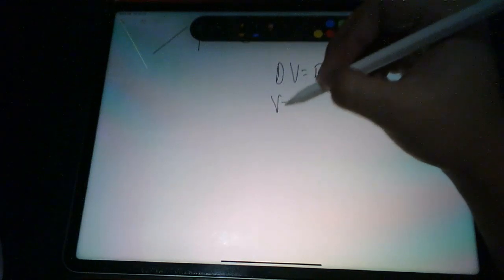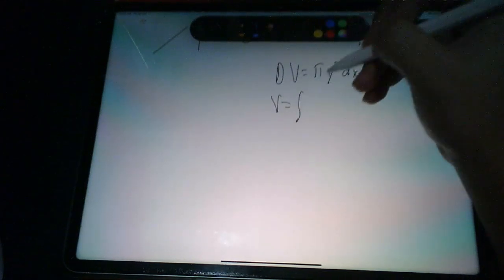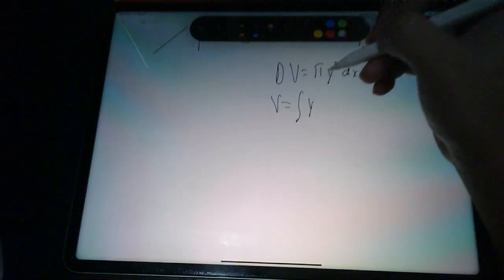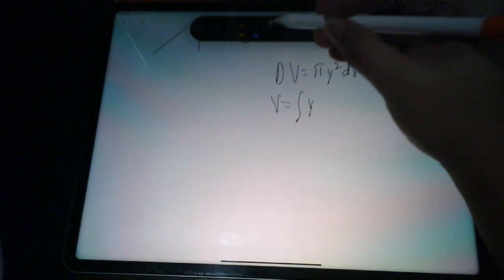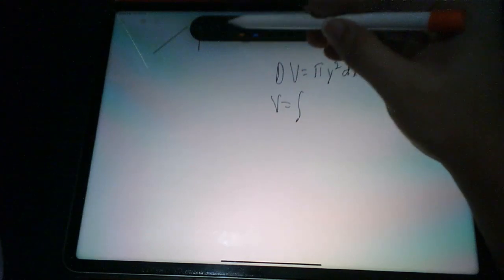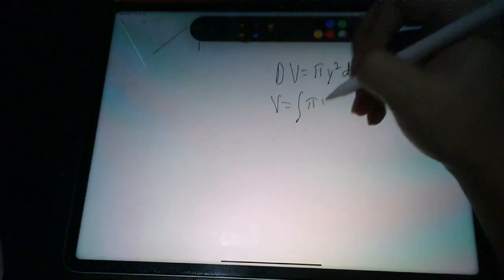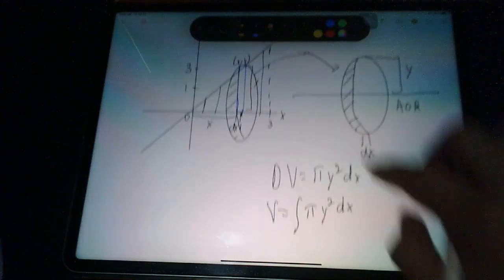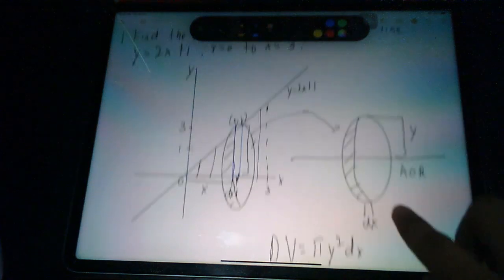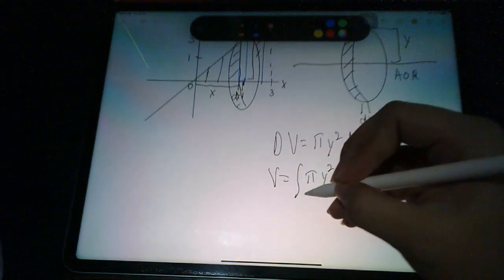So the integral of volume is just equal to the integral of pi y squared dx. Now let's substitute each of them into the original equation, with limits a to b.